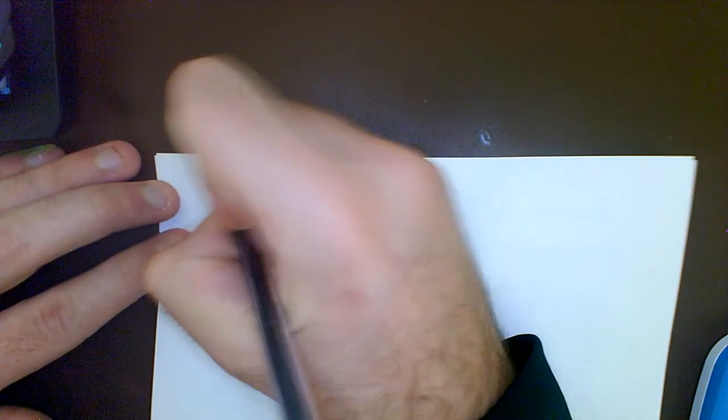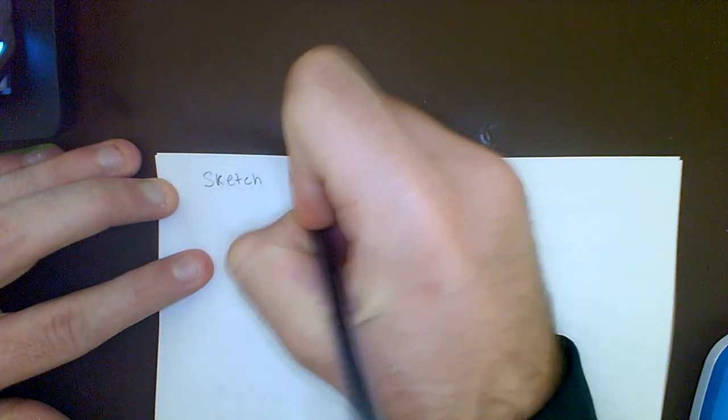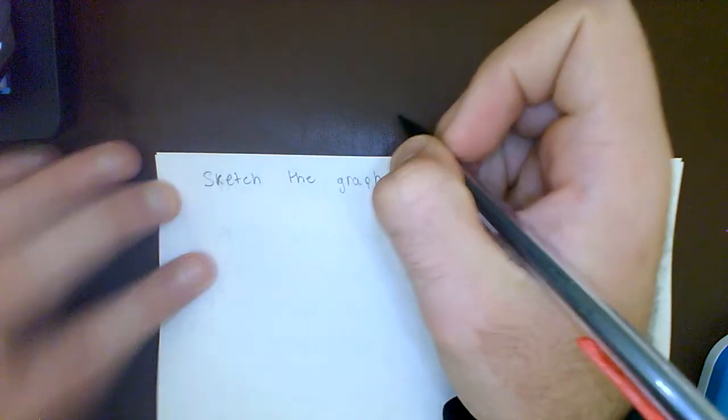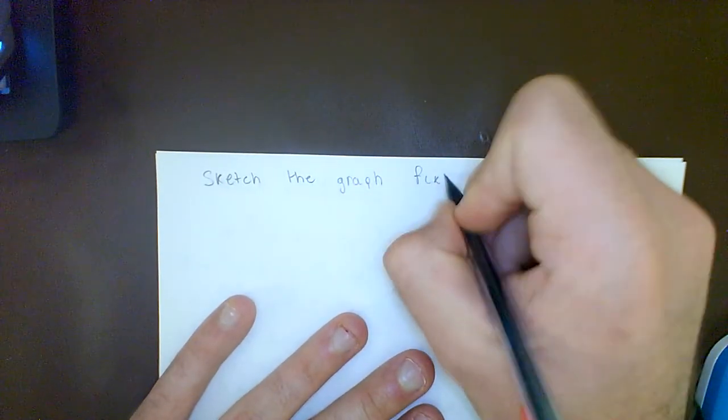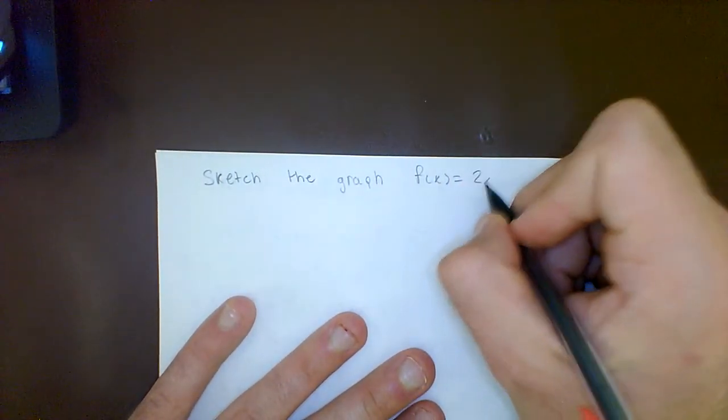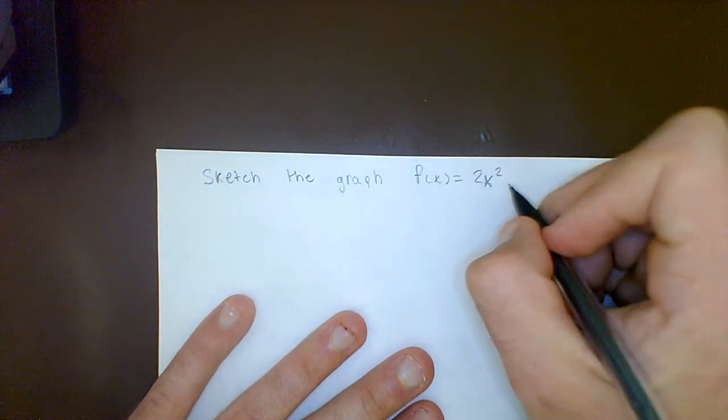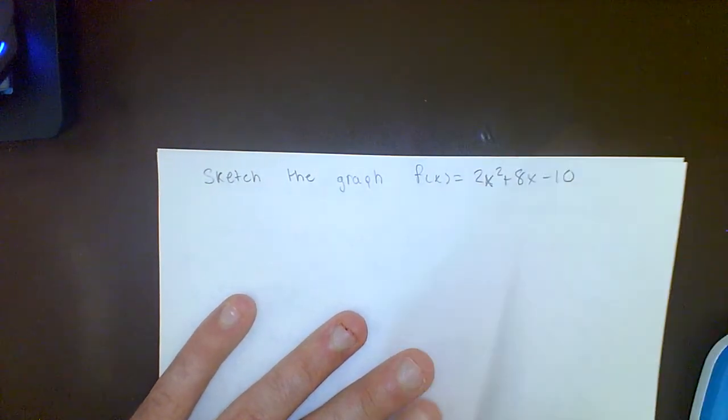So this brings us to our next example. So it wants you to sketch the graph f of x equals 2x squared plus 8x minus 10.